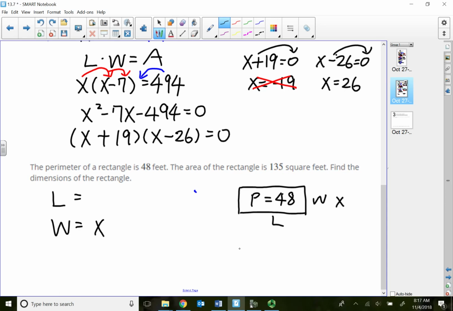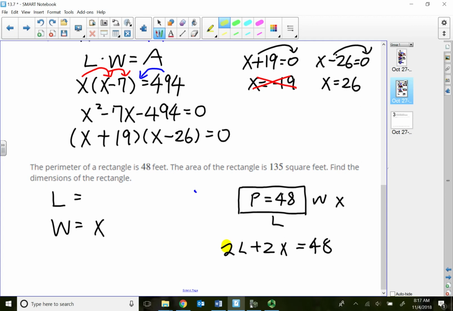Well, what I know is the entire perimeter, the 48, comes from 2L plus 2W. Right now I'm calling the width x. So I'm going to go ahead and just erase that and put an x right here. So now I need to translate for the L. So I will need to get L by itself.